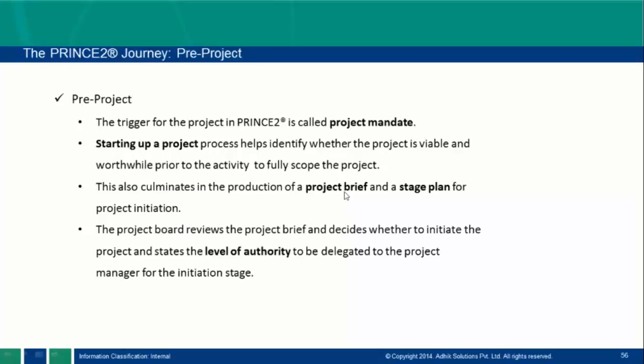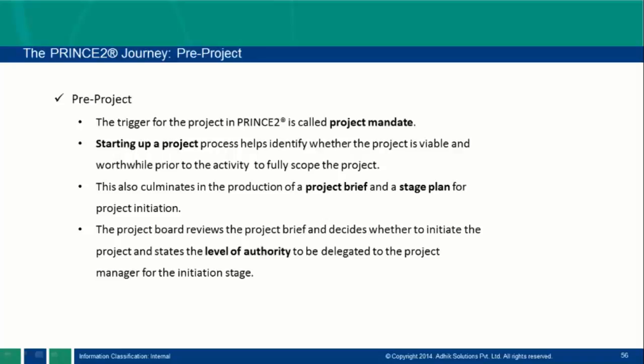Then the project board reviews the project brief and decides whether to initiate the project, and states the level of authority to be delegated to the project manager for the initiation stage, right? So the brief is the responsibility of the directing people, but on behalf of the directing people, the project manager creates the brief, which is reviewed by the directing people.